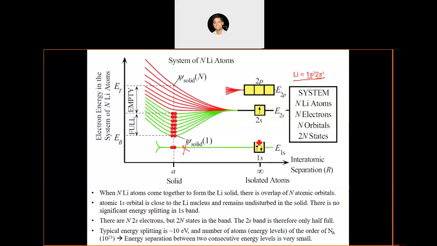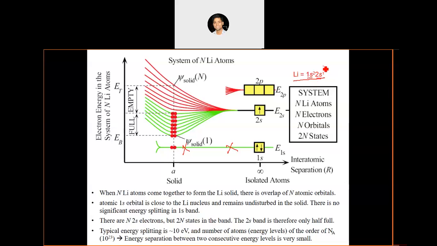This energy level E1s will not participate in the bonding because first of all it is full, and secondly it is very close to the nucleus. It is already stable, so it will not participate in the bonding.